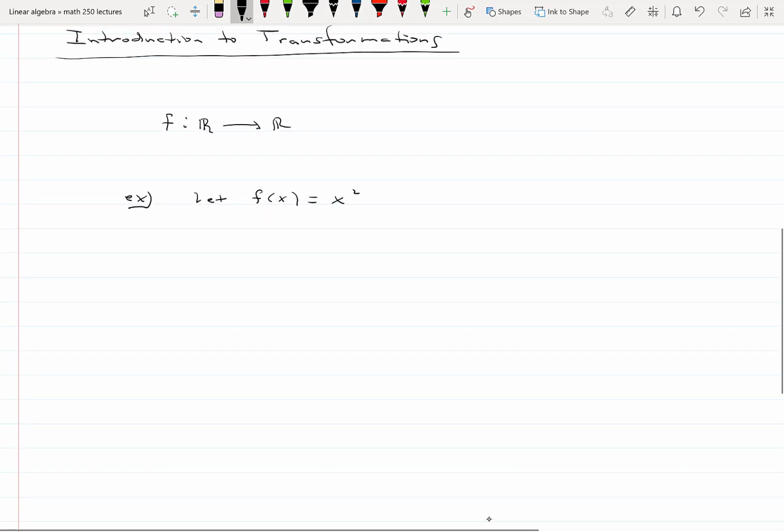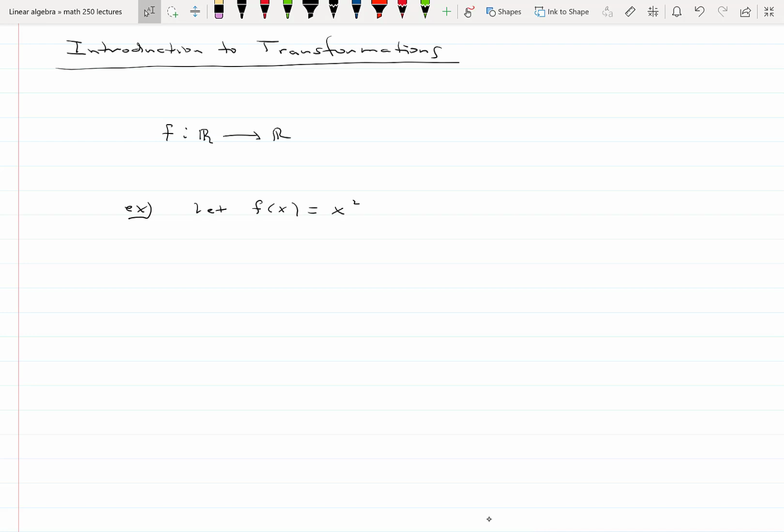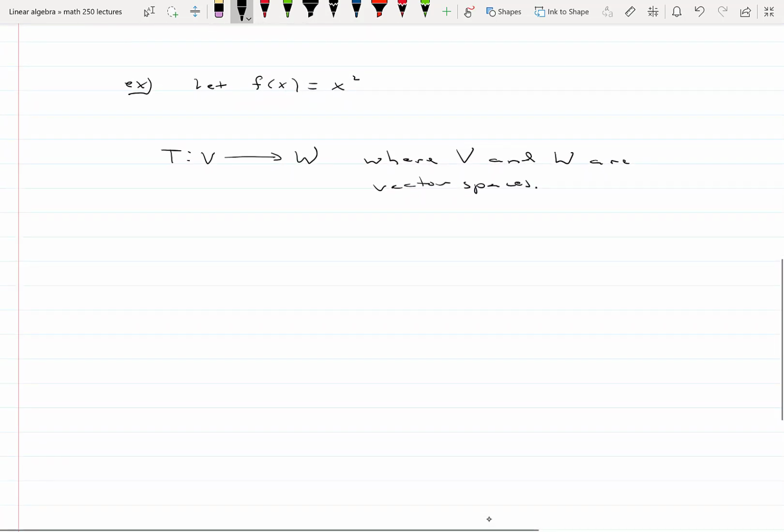We're looking for the idea of a function that doesn't just take a real number into another real number, but a kind of function that takes an element from one vector space and turns it into an element in another vector space. So where V and W are vector spaces.